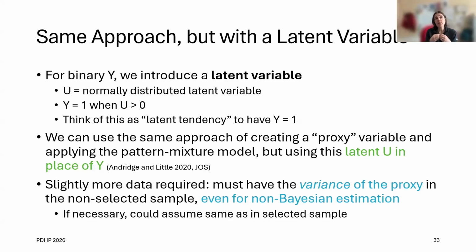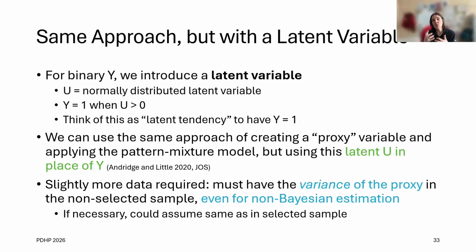And the reason that we choose this latent variable approach is we can then take U, this normally distributed latent variable, partner it with a proxy variable, and apply the proxy pattern mixture model. So all the equations look the same, except everywhere there's a Y, there's now a U. And there's a few other details we'll talk about, but that's really the main idea: we're just replacing the continuous Y with a latent U to model a binary observed Y.